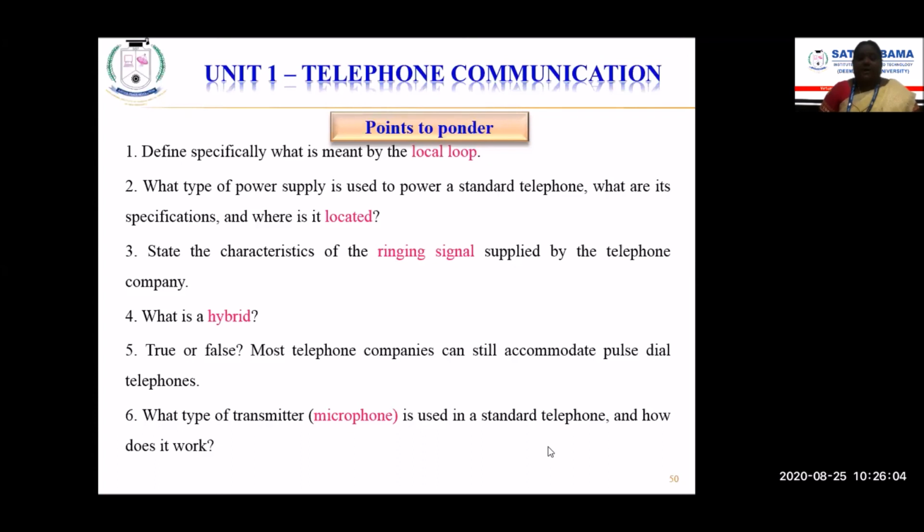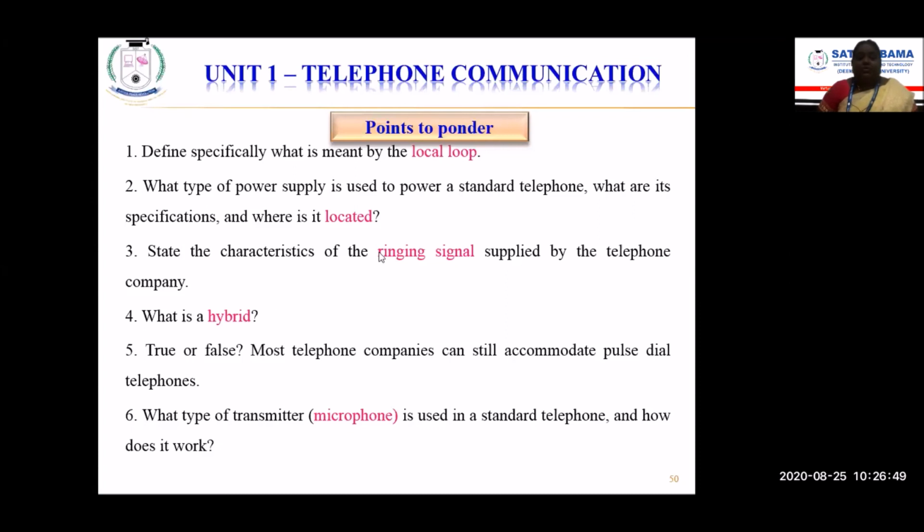Anirudh, very good. Any other persons? Connection between the central office and local loop. So you should always have it in mind. You should never forget the local loop is the physical connection of the subscriber, that is a telephone instrument, to the telephone exchange. So it's a very, very important technical term in the first unit.